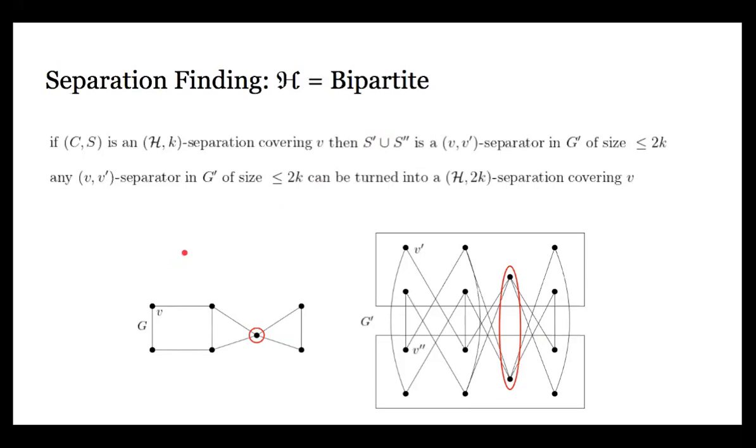So by this simple observation, we can solve h-separation finding for a function h of k being 2k. So this, as already mentioned, already gives us all the machinery to construct 3H decompositions of approximate width.